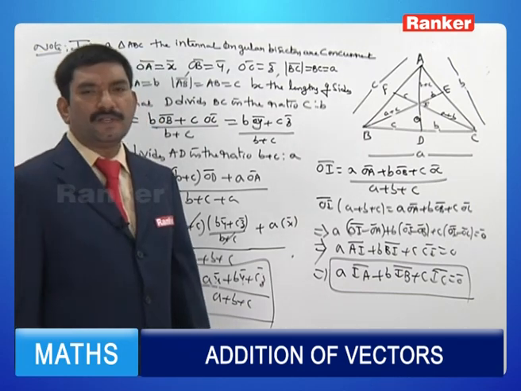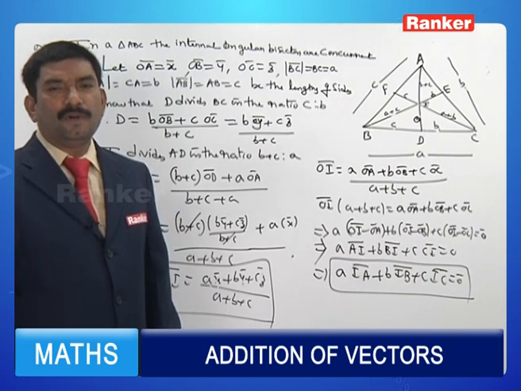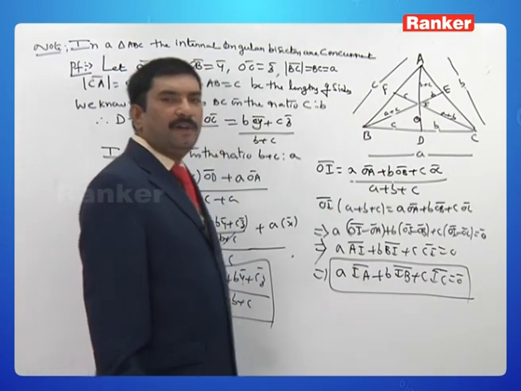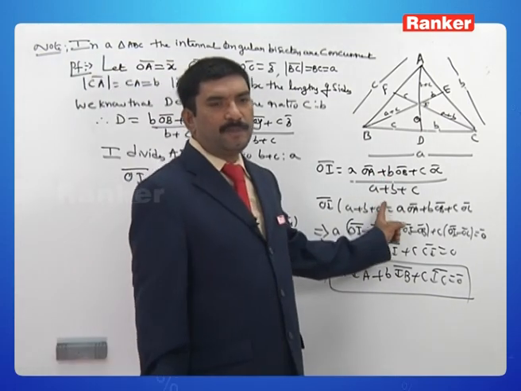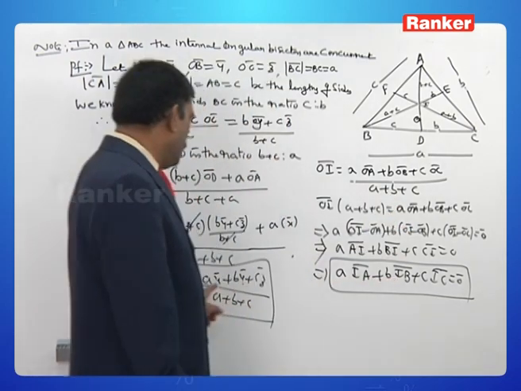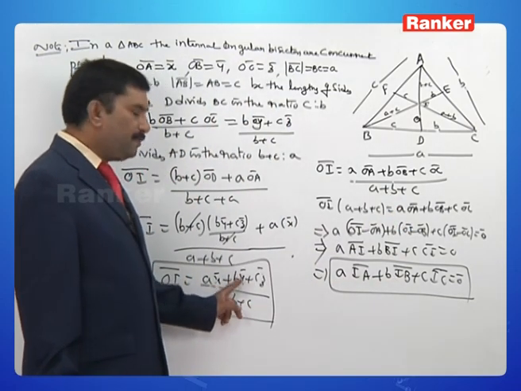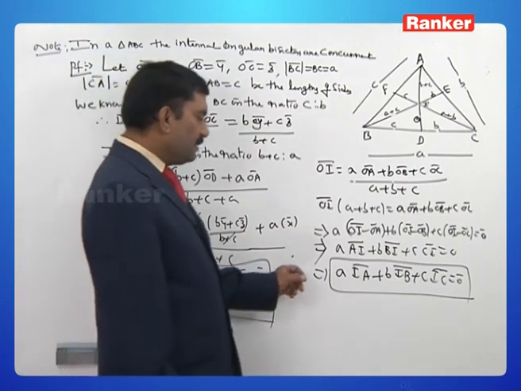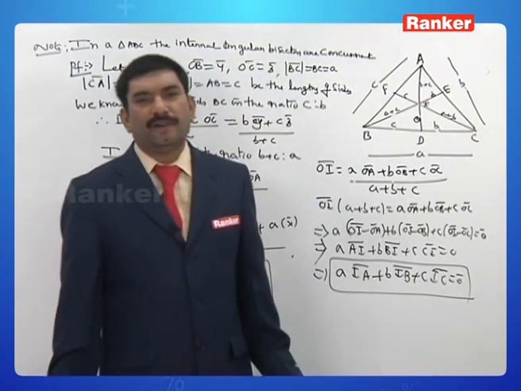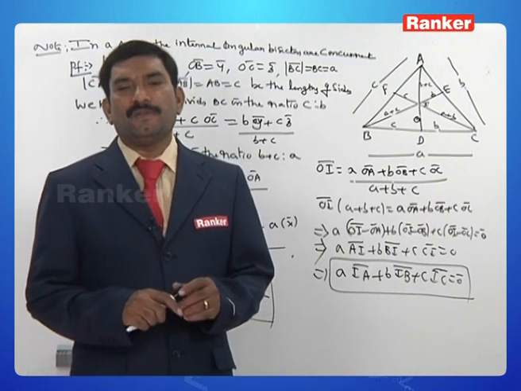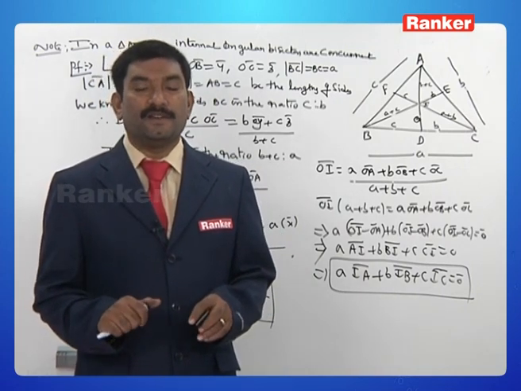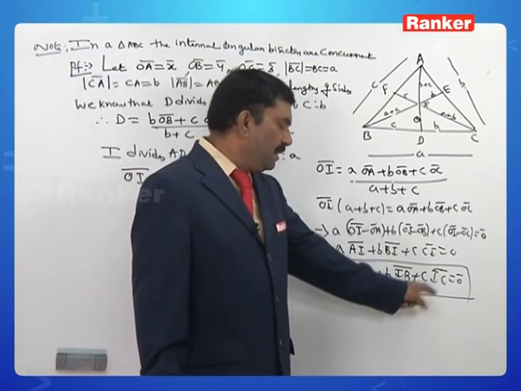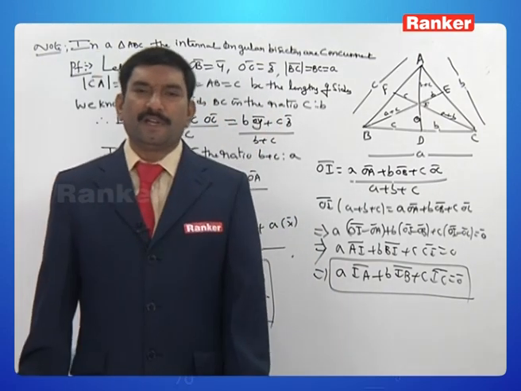The position vector of the incenter is OI bar is equal to A into OA bar plus B into OB bar plus C into OC bar by A plus B plus C. Or else I can also write OI bar is equal to A into X bar plus B into Y bar plus C into Z bar by A plus B plus C. This is one of the important results for objective purposes that comes in the addition of vectors. Remember, so therefore A into IA bar plus B into IB bar plus C into IC bar is equal to the 0 vector or 0.